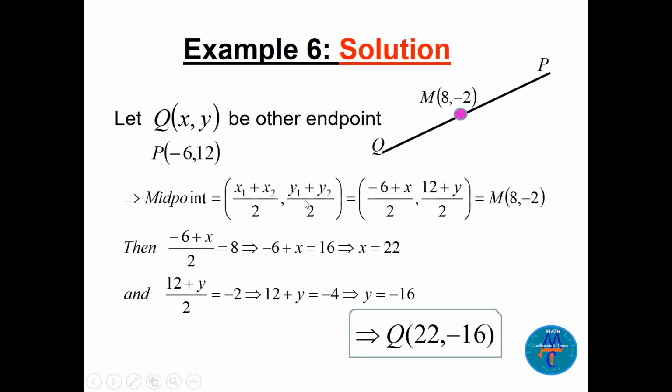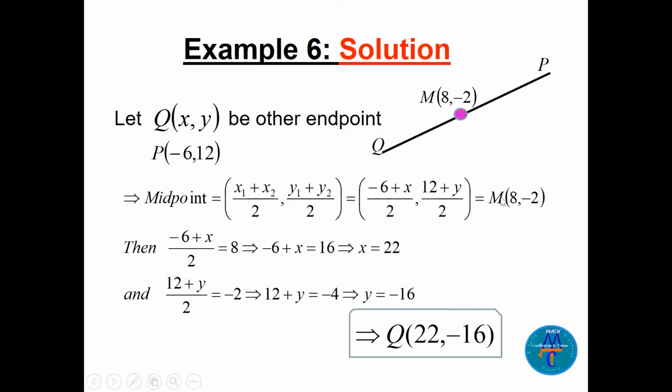Then I take the midpoint between P and Q, see? So this is P and Q. I add these x's over 2, I add these y's. Remember, there's a minus from the question, it's -6 here, but I add. This is equal to M, (8, -2).